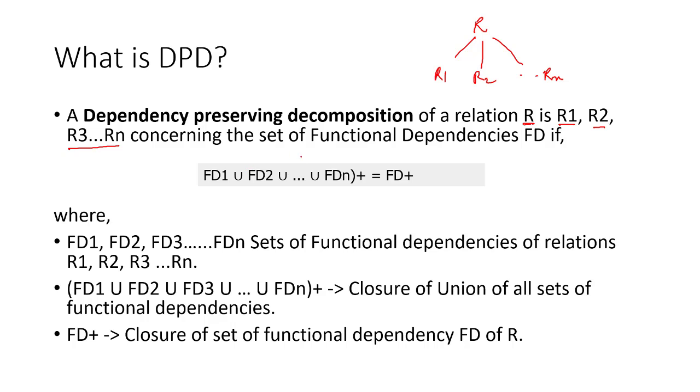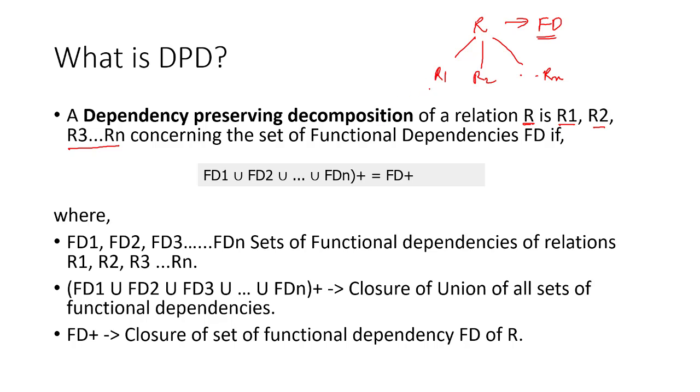When I am decomposing this relation R into sub-relations, the relation R contains some set of functional dependencies. Let us denote it as FD. So FD is the set of functional dependencies with respect to the relation R.